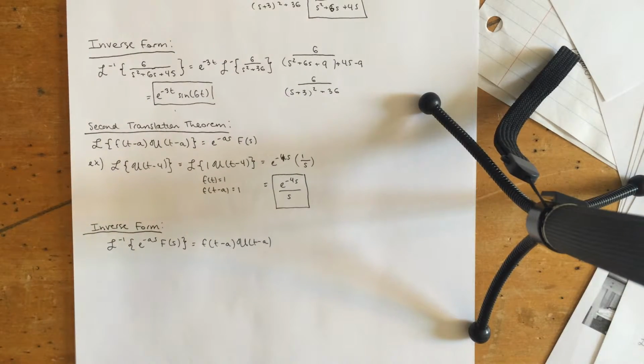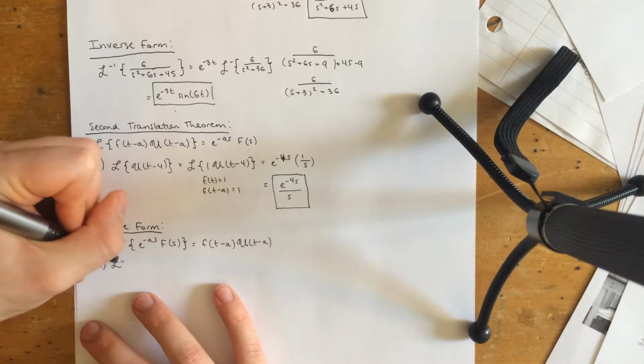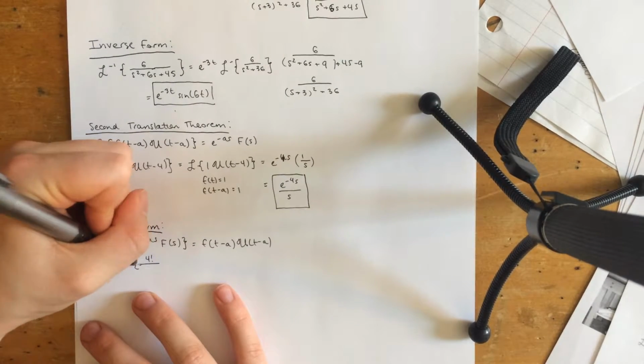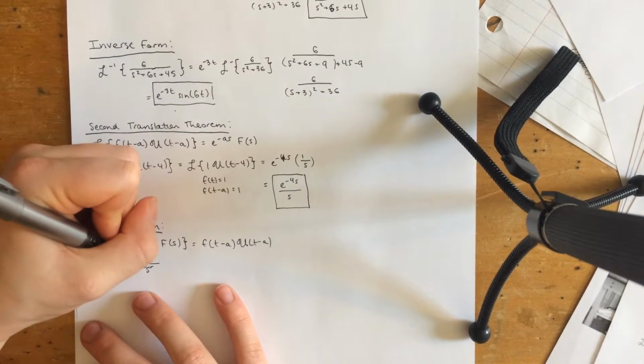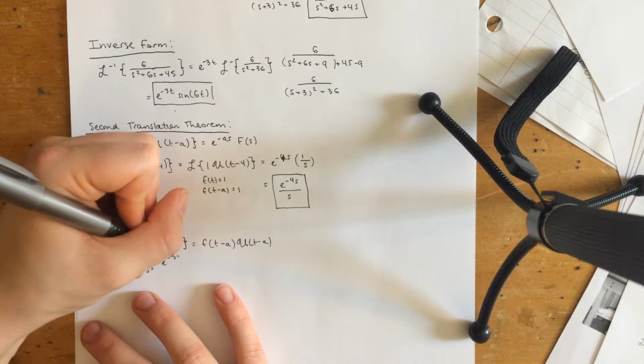Our example would be the inverse Laplace of 4 factorial over s to the 5th times e to the negative 5s.